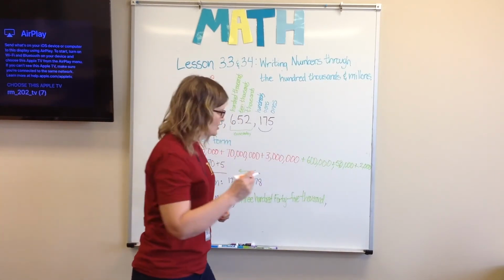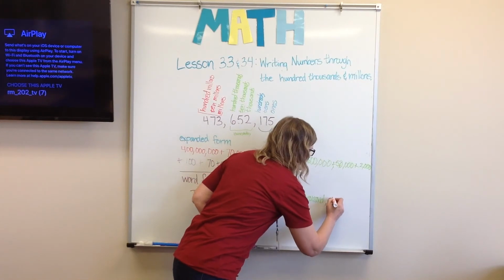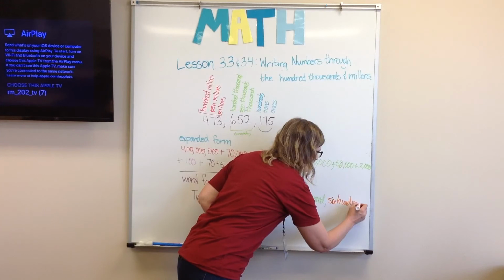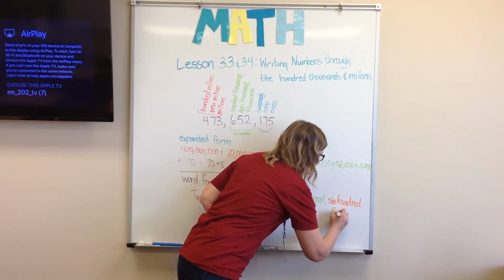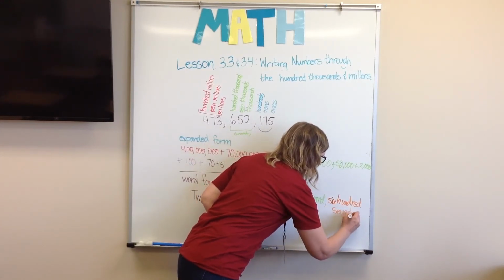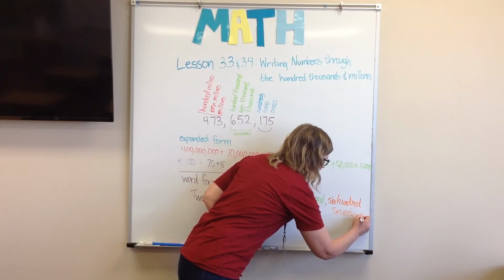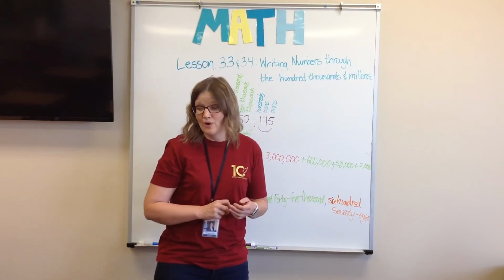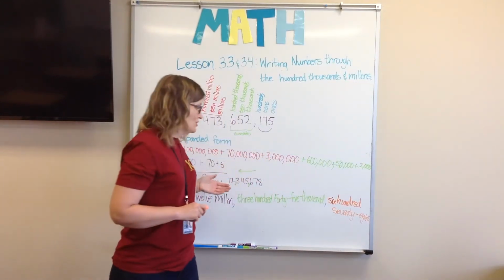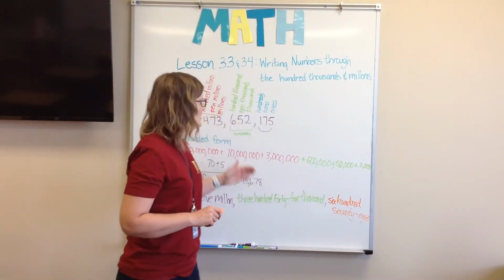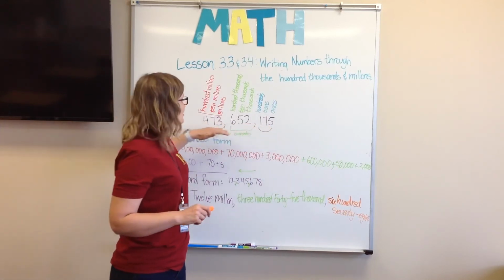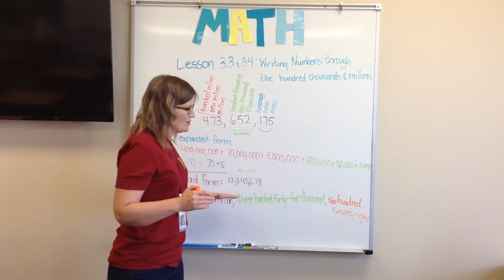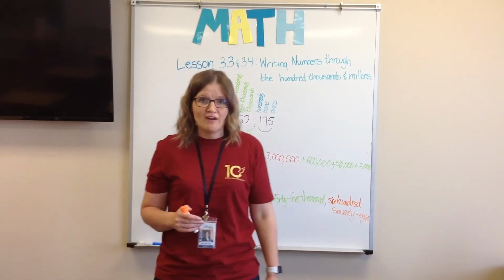I'm going to do this in orange. 600, hyphen, 78. I'm so happy that we do not have to always write out these huge numbers. It is nicer when we can just write out the numbers but not the words. So there you have it.